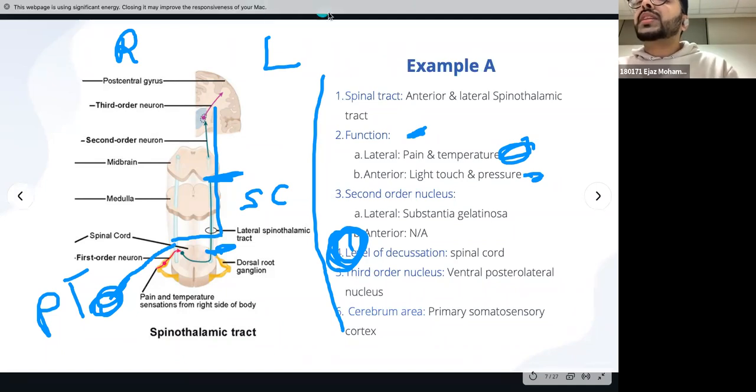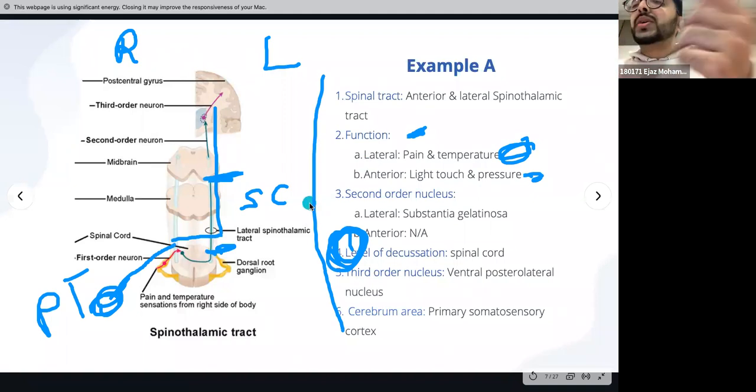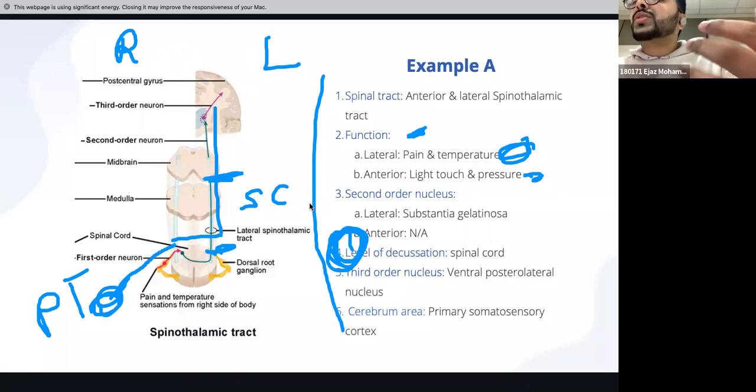Like, there was a patient with a stab wound on the right side or the left side, and he lost pain and temperature on the right side. Why did that happen? You have to know the details about the pathway itself to answer these questions. So this is what we mean, that it's not just going to be, which tract is responsible for pain and temperature. He's going to ask you, there's an injury, and then what will be the presentation.